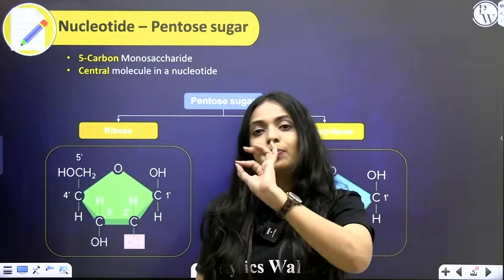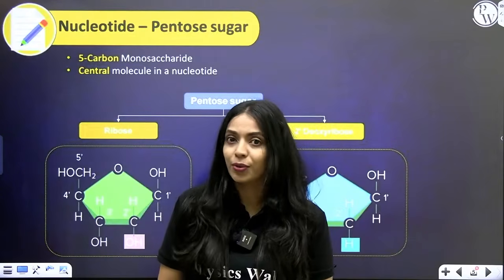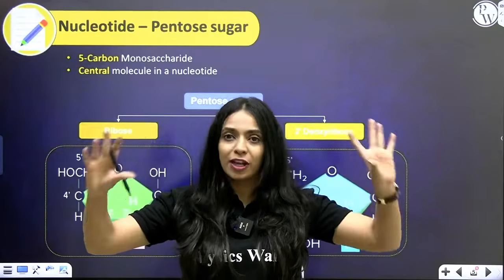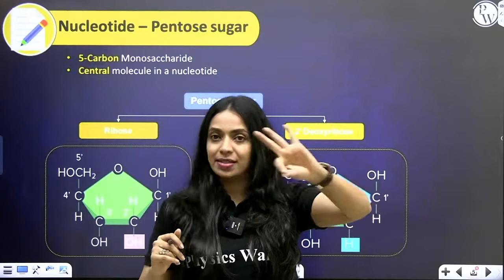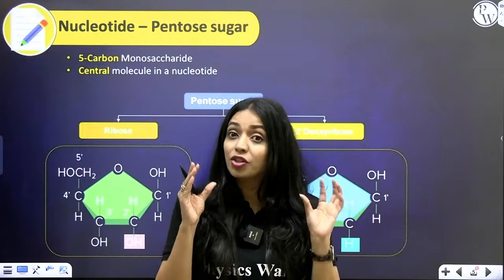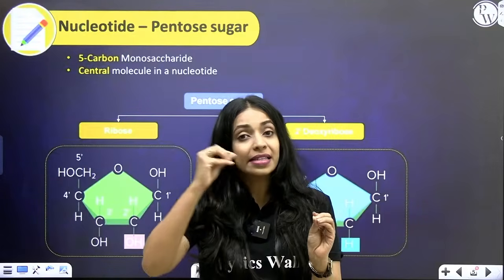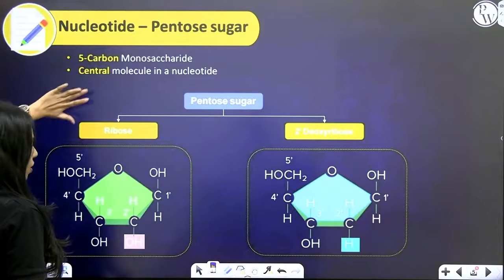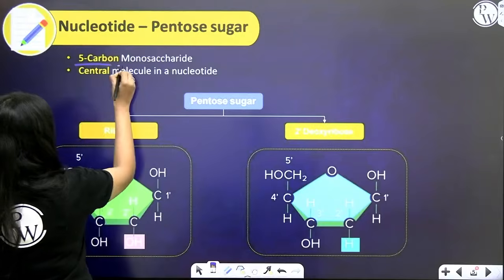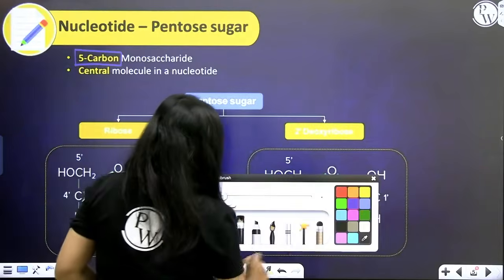RNA and DNA both are polymers of nucleotides. So they're both made up of a string of beads. Each nucleotide also has 3 components in both of them. But the sugar that is present in the center is different in DNA and RNA. In both RNA and DNA, we have a 5-carbon monosaccharide.